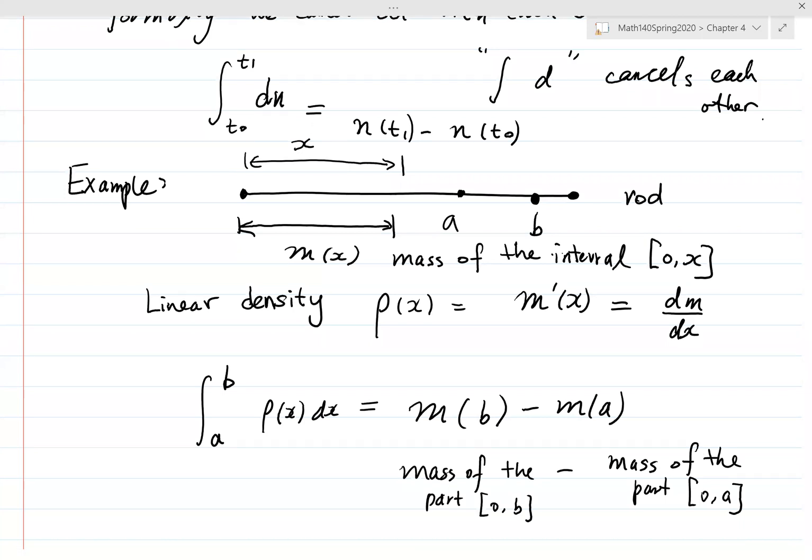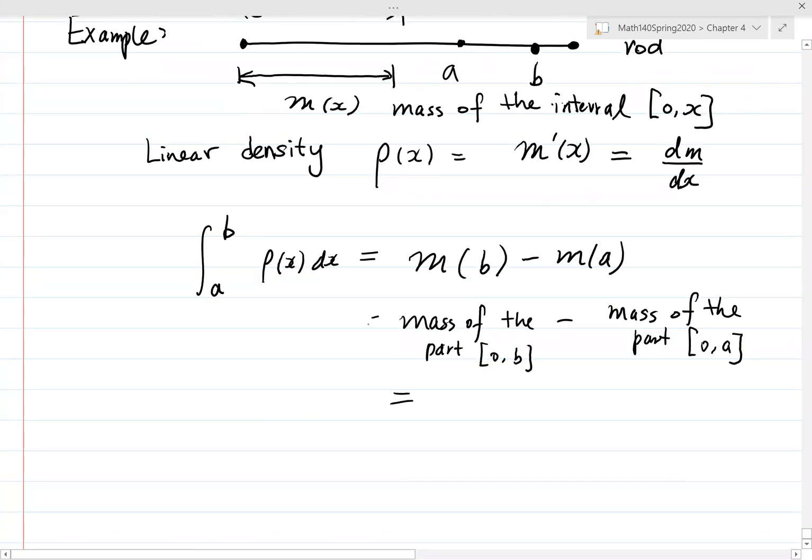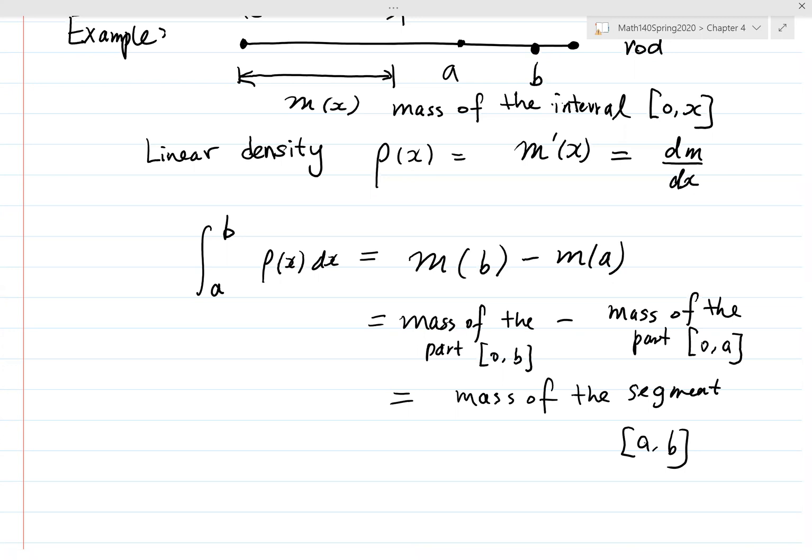Mass of the piece of the segment a to b. Okay. Let's see one example.